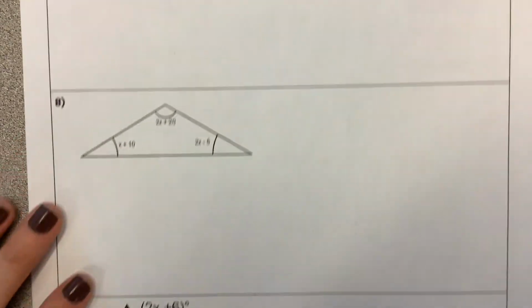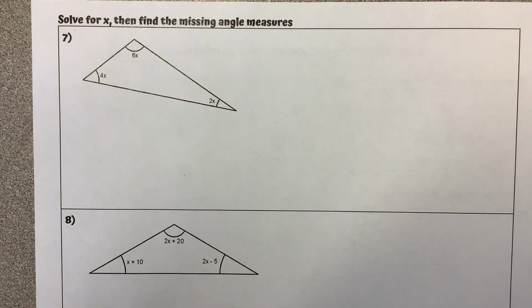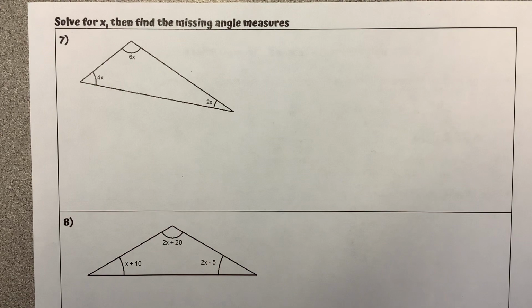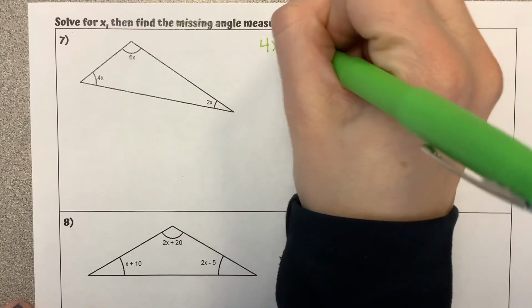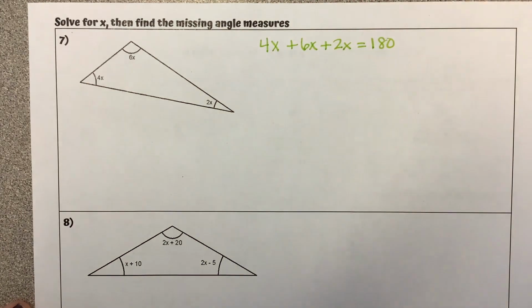Okay, the last part we're looking at is some algebra, setting up equation problems to find the value of x and then find the missing angle measures. We know that triangles add up to 180 degrees, so I'm going to set up an equation. 4x plus 6x plus 2x should equal 180 degrees.